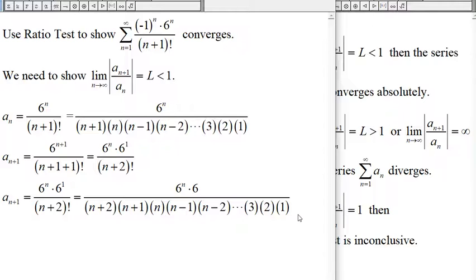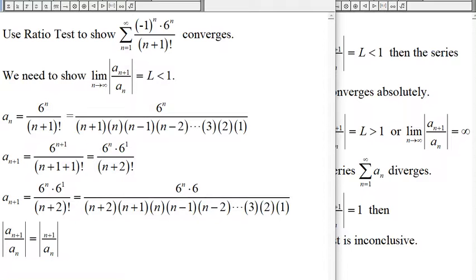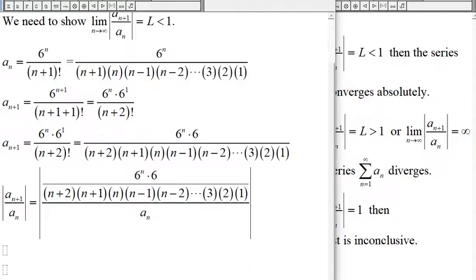And then all the way down to 3, 2, 1. And then now we need this ratio right here. And so this is a sub n plus 1. And this is a sub n.